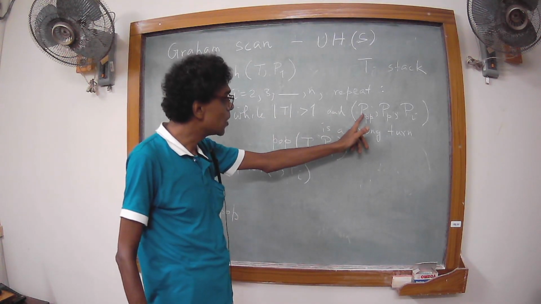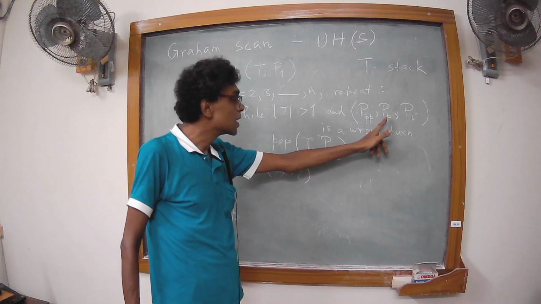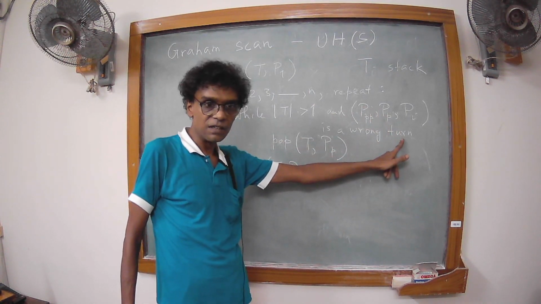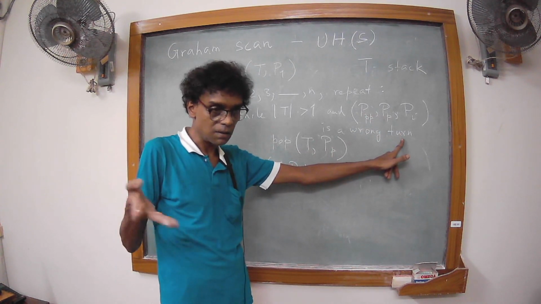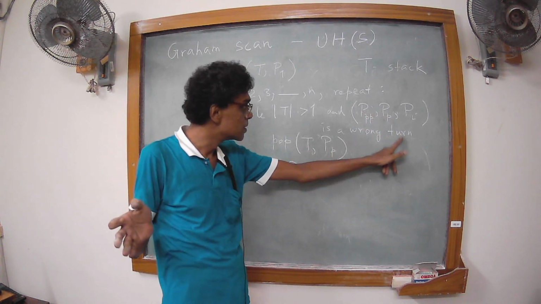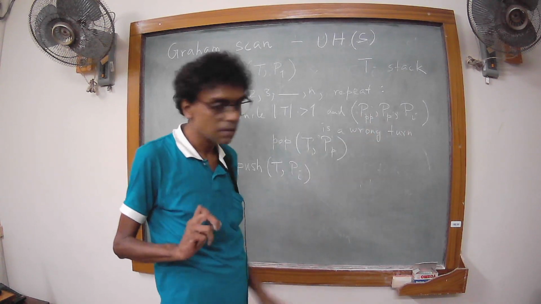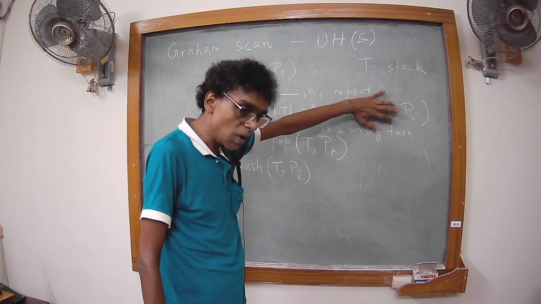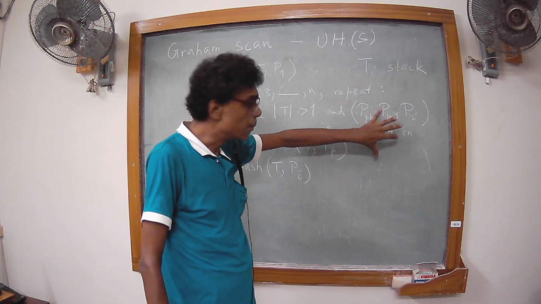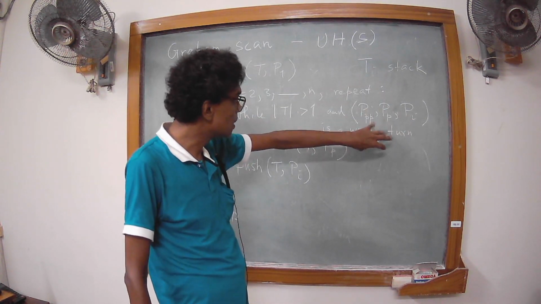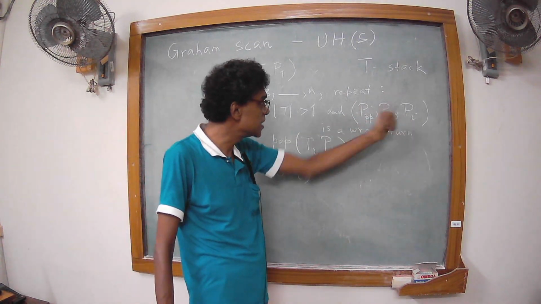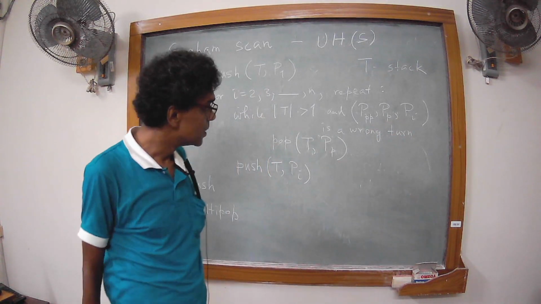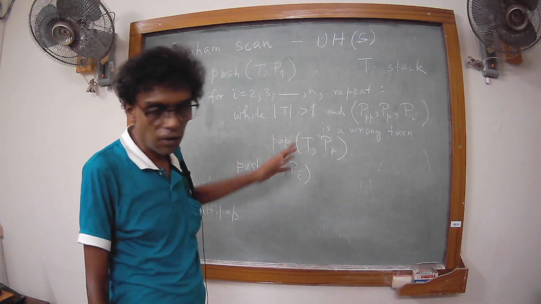And here you are considering what? You are looking at the top element and the element just below the top, and you are computing a side. Left, right is nothing but a side computation, right? So looking at these two top elements, this is O(1) time, whether it is the computation of this wrong turn or the side computation, that is constant time, and pop is also constant time.